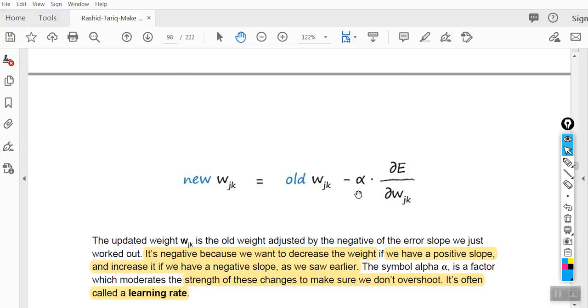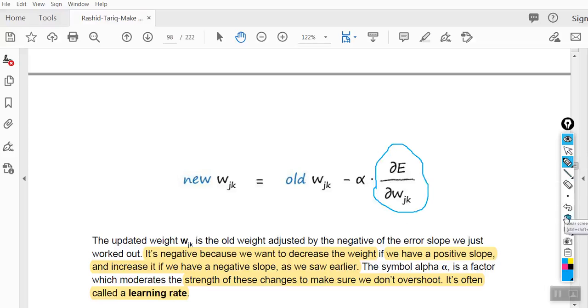By considering the learning rate that we called alpha, we can say that new WJK is equal to the old WJK minus alpha multiplied by this fraction.